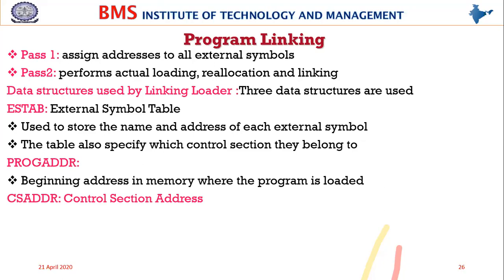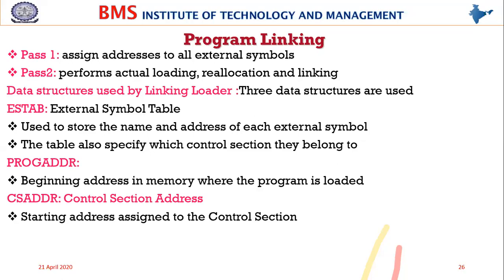And this program address is for the entire program, which may contain multiple control sections, right? Where each control section is loaded is going to be a separate address, which we call the CS address, the control section address, the starting address assigned to that particular control section.